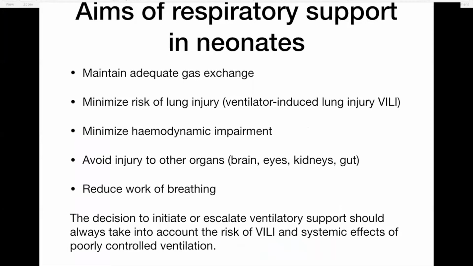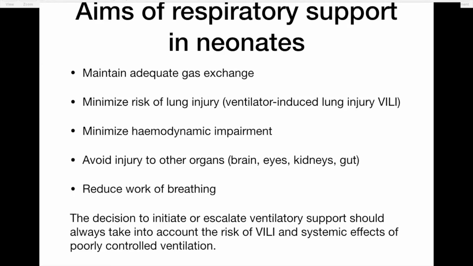Why do we ventilate babies? What are the basics of ventilation? Then I would like to talk about, of course, volume and pressure ventilation, and just talk about our guidelines, how we should set up our ventilators when we have a baby on our unit.